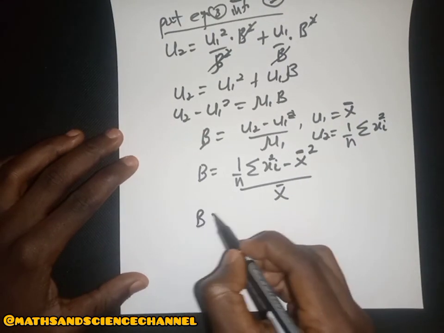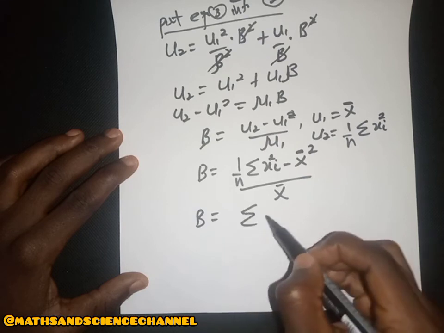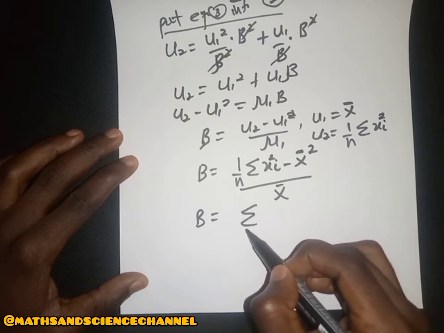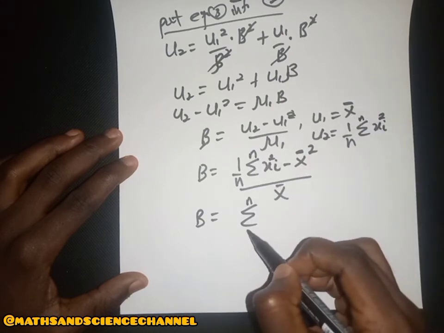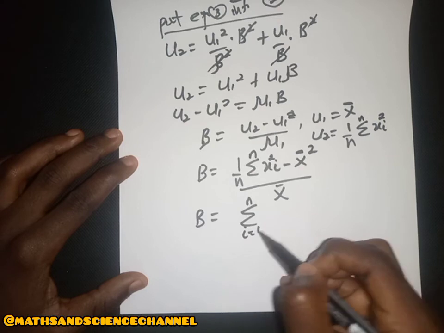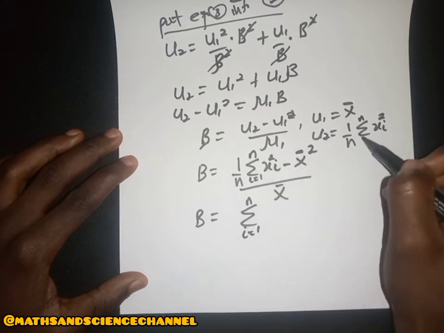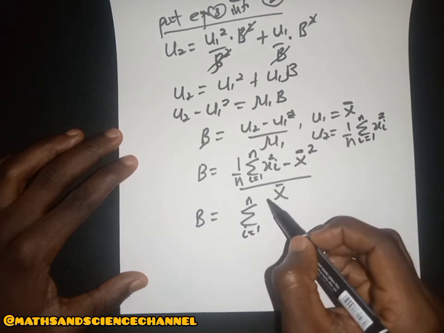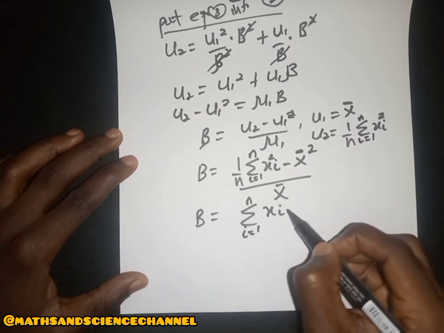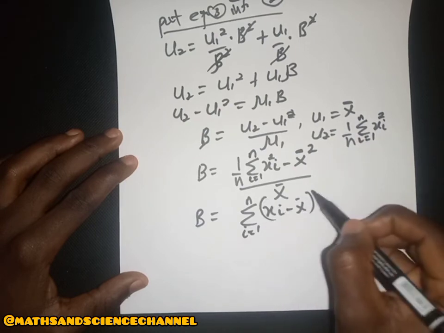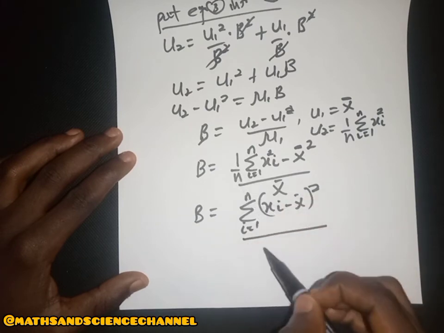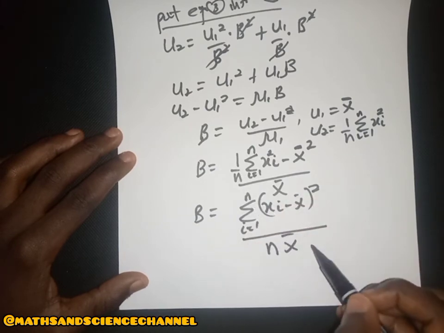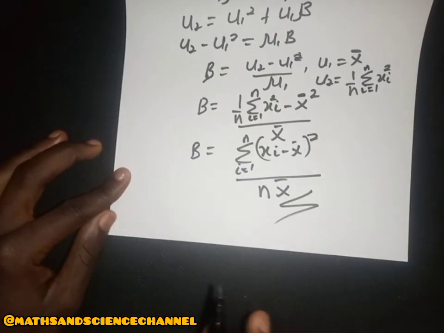So writing this in an appropriate manner, we have n here, and then the summation from i equal to 1 to n of x_i minus x bar, all squared, because both of them are squared. Then we divide by, this n comes down, so we have n and then the bar of that. So that will be the value of beta in this case.